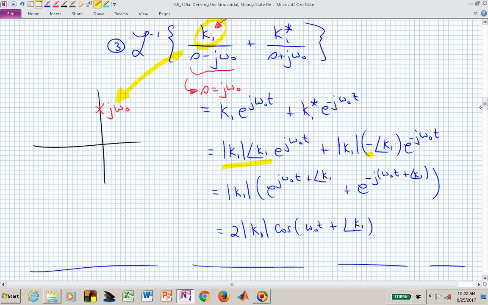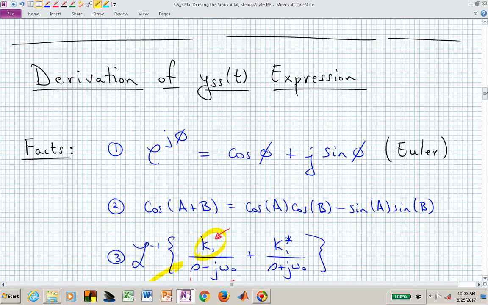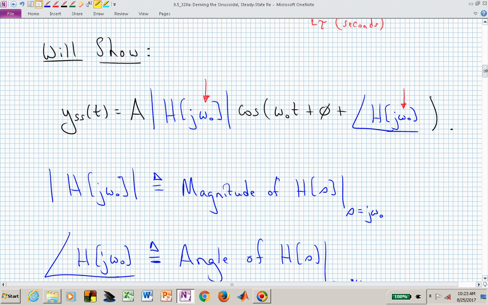We can plug those angles in as complex exponentials, and voila, fact 3 says that if we take the S-domain version with these complex partial fraction expansion coefficients above the complex pole locations on the imaginary axis, we will have in the time domain 2 times the absolute value of K1 times cosine of omega naught t plus the angle of K1. Let's now see if we can use these facts to derive this particular expression.